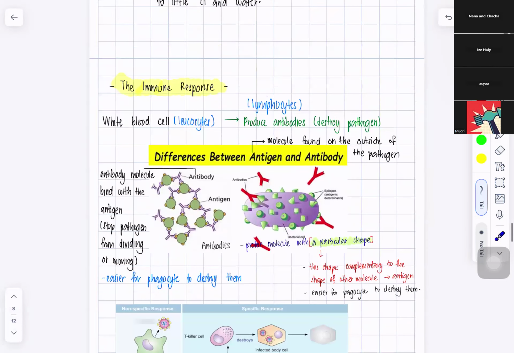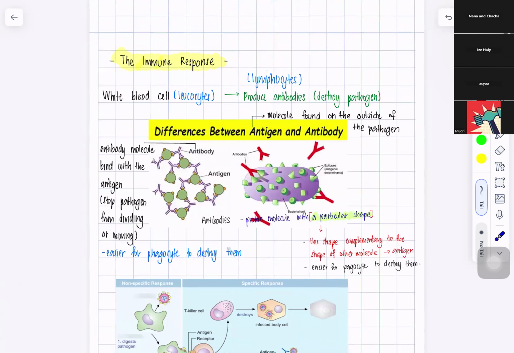So, any question before we start the quiz for disease and immunity? No. Okay, so we start the quiz.